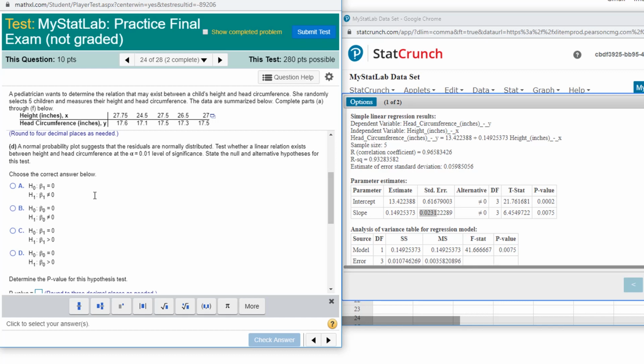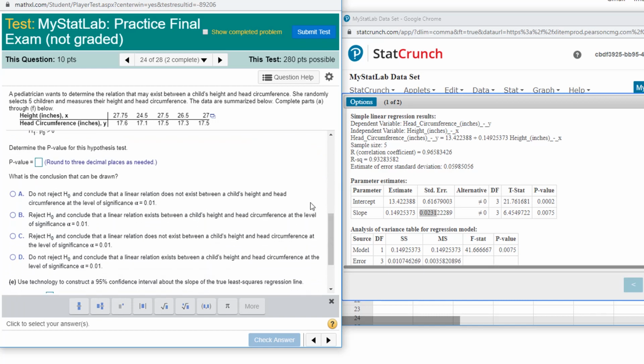If we're interested in whether a linear relation exists, we're testing whether the slope is or isn't 0. The null hypothesis is that the slope is 0, and the alternative is the slope is not 0. Beta 1 is the parameter that represents slope in the real life model. So the null hypothesis is that beta 1 equals 0. The alternative is that beta 1 does not equal 0.